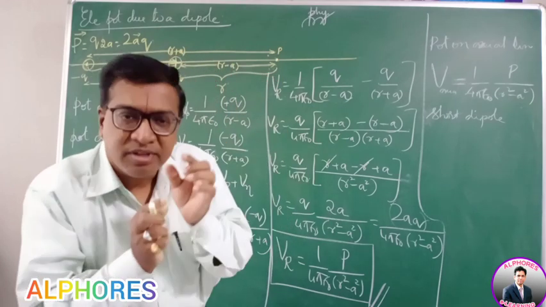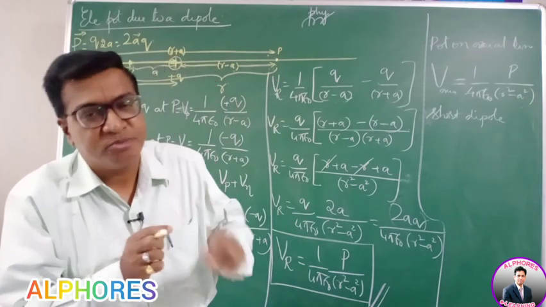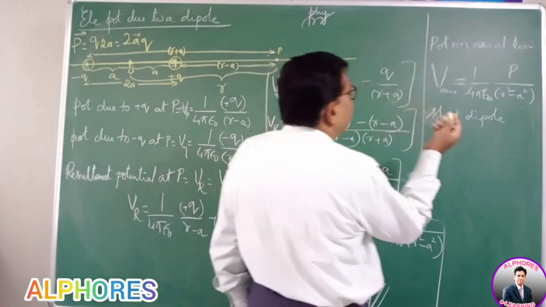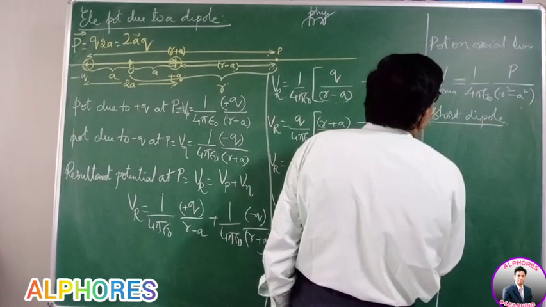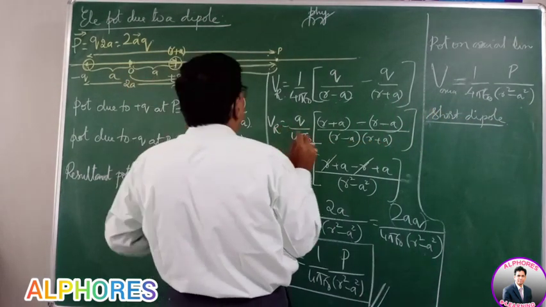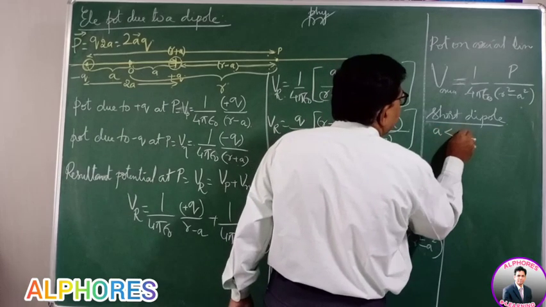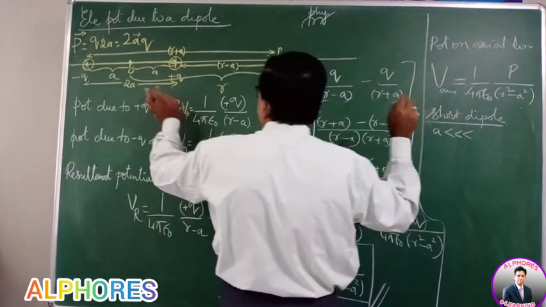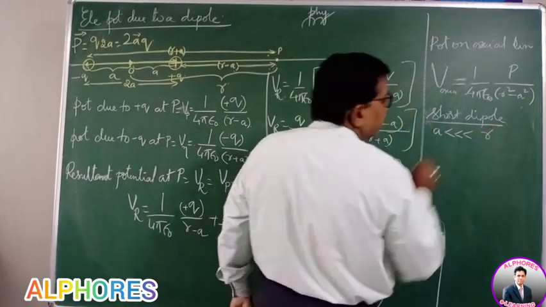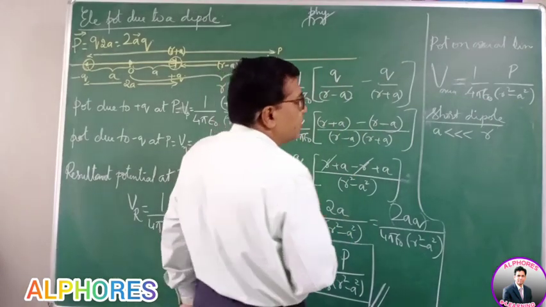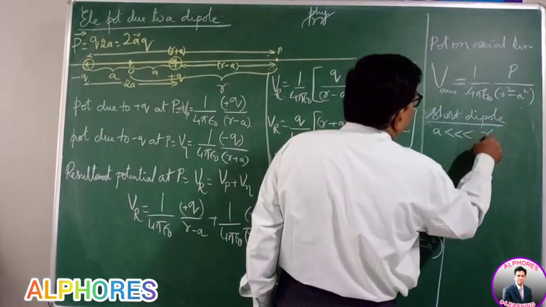Charge is high magnitude and the distance of separation is very small, right? Q is more but the length is less. For a short dipole, the length of the dipole is less. That is, A is very much less when compared to the distance of the point. So A is negligible when compared to R.